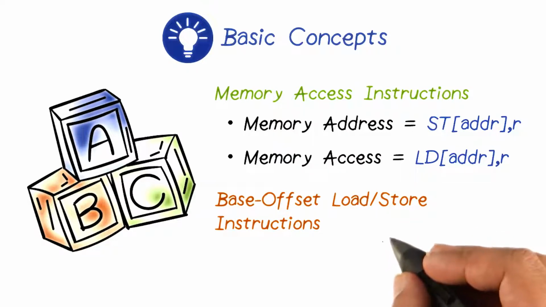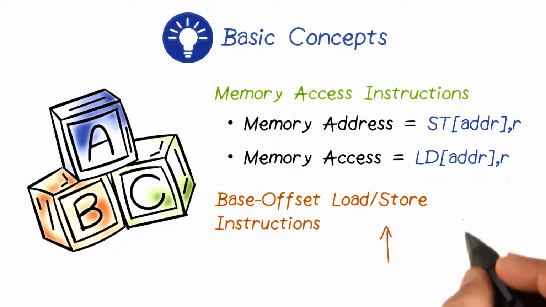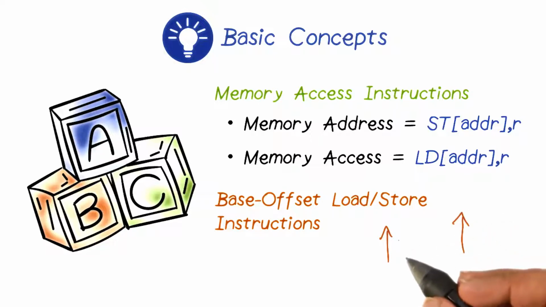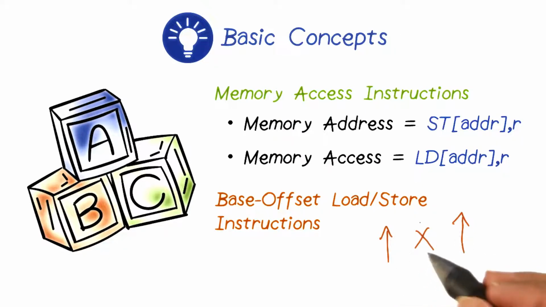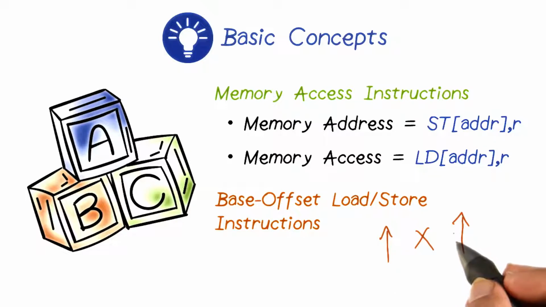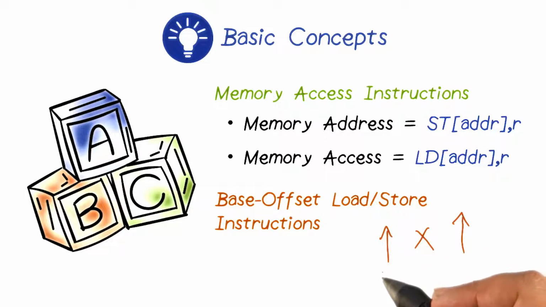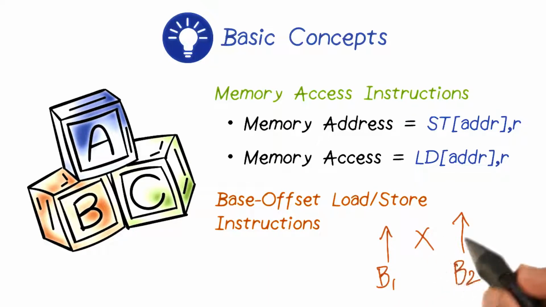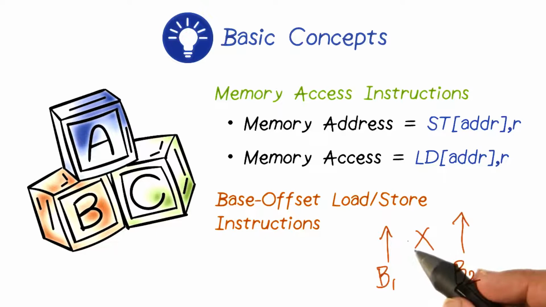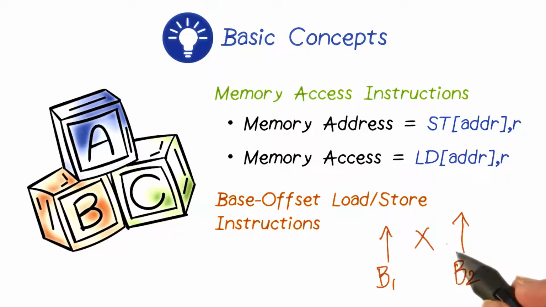For example, if the base addresses that the load and store are using happen to be two different ones as shown over here, then there is no collision because it is accessing two different arrays because of the two different base addresses. So base B1 refers to one array, base B2 refers to another array, so therefore there will not be any collision in the addresses of these two.